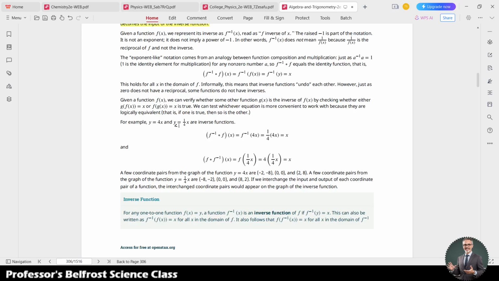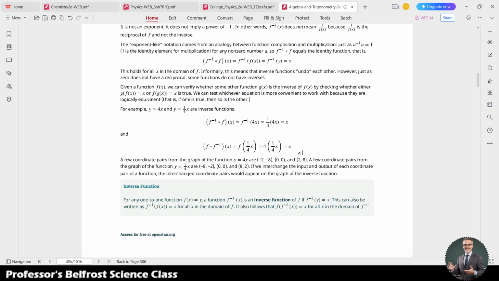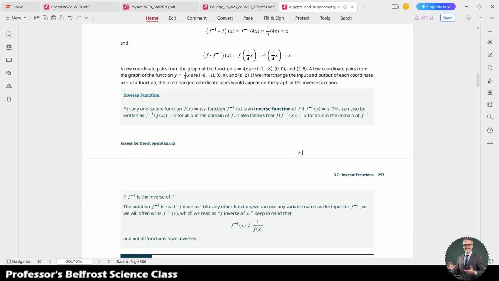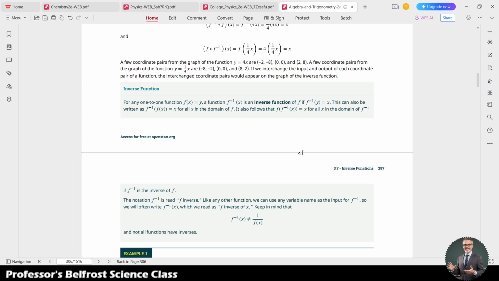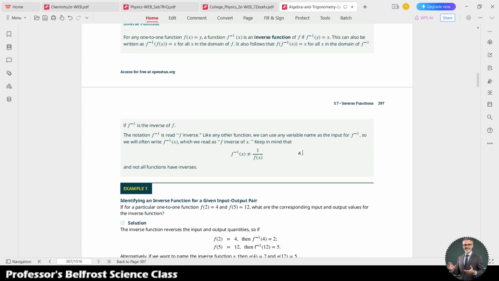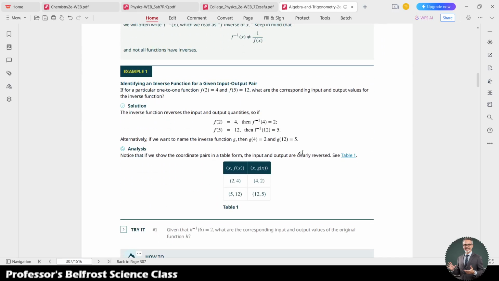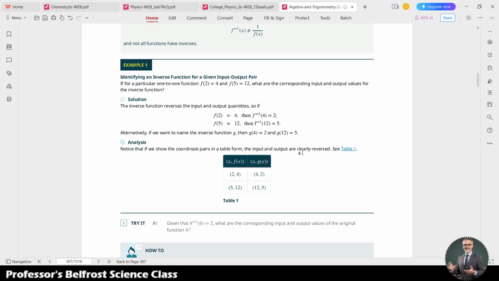So for example, x and a quarter x are inverse functions of each other, because when we insert one into the other, it will result in x, okay. No matter which one comes first and which one comes last. So for a particular one-to-one function, f(2) equals 1, f(5) equals 12, these are the corresponding input and output values for the inverse function.